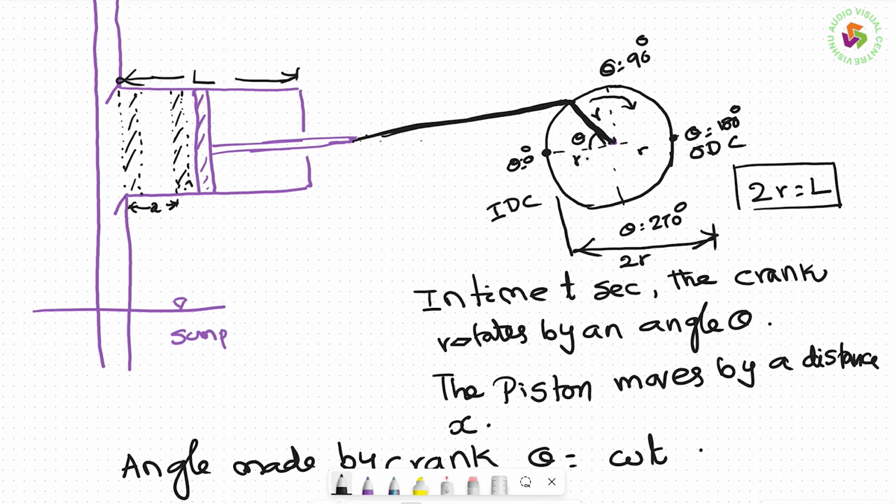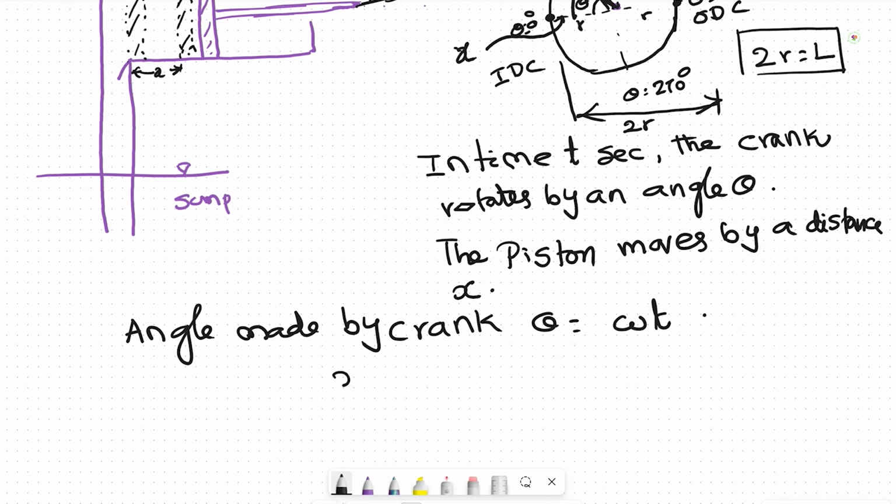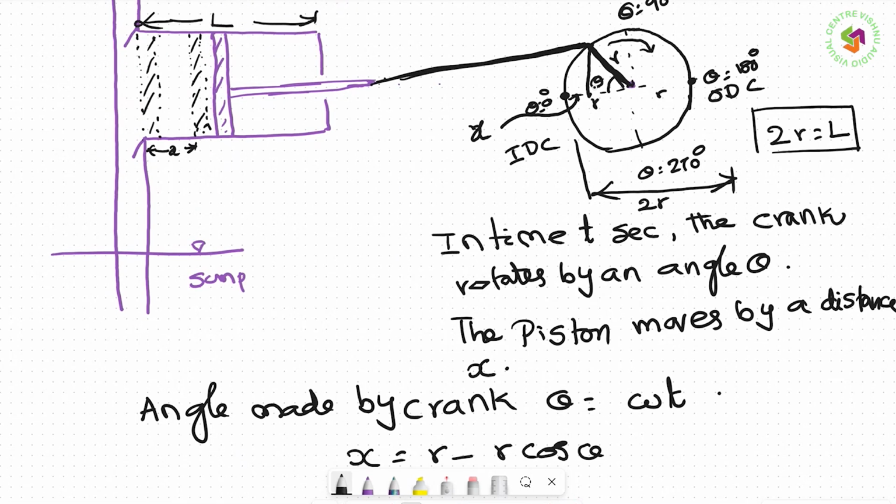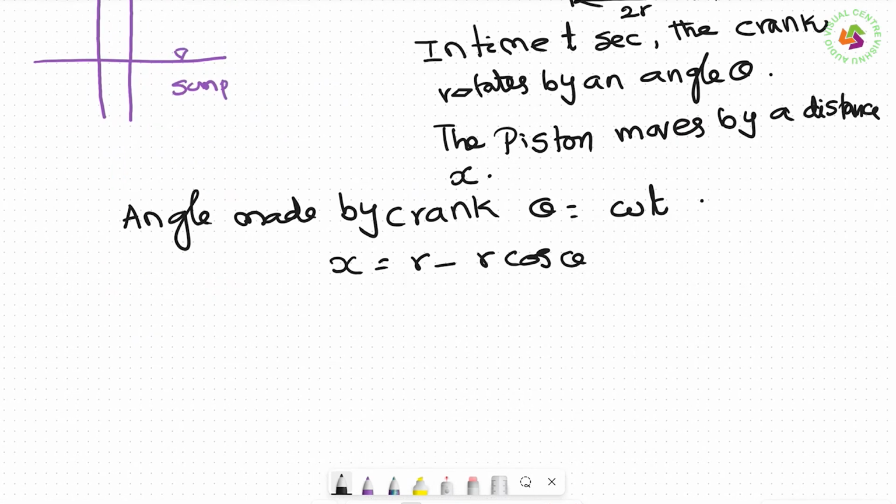If I draw a vertical line here, by the time the crank makes an angle, basically the piston moves by a distance of x. Right? Then x is equal to r minus r cos theta. You can see the figure actually, right? So this total is r. This part from here to here is r cos theta. So r minus r cos theta.